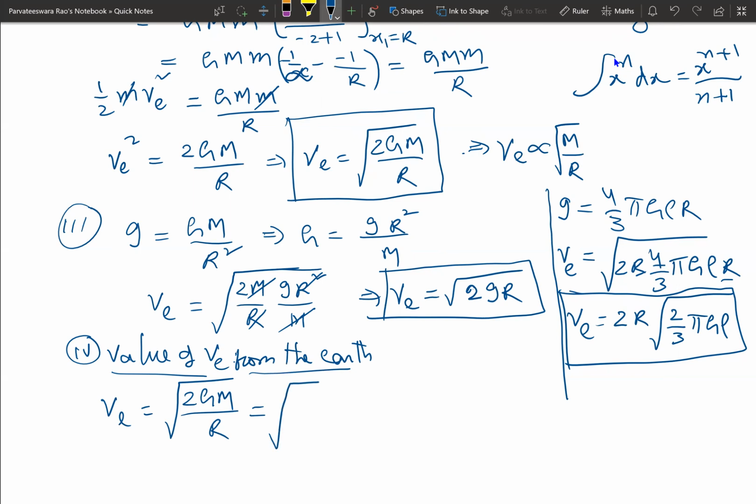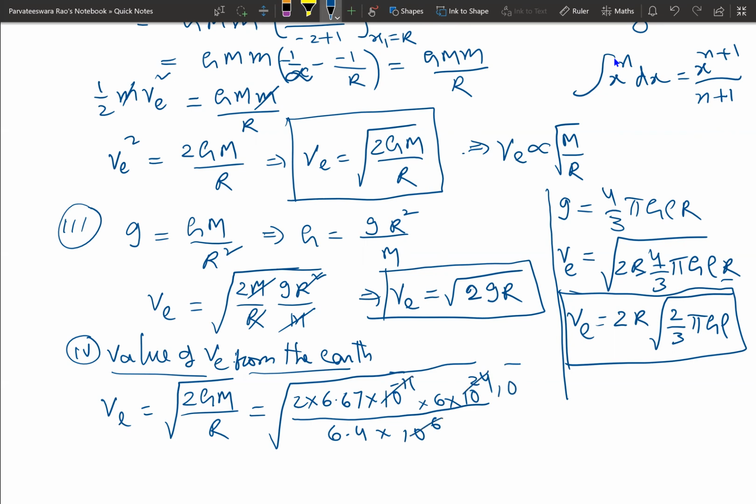So this will be root of 2 into 6.67 into 10 to the power of minus 11, mass of the Earth 6 into 10 to the power of 24 by Earth's radius 6.4 into 10 to the power of 6. So this is 11 plus 6, 17.